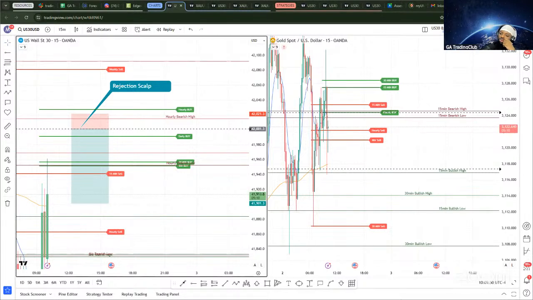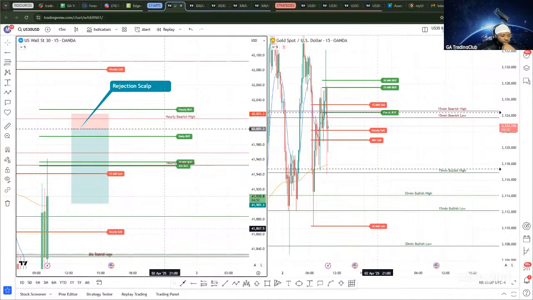For gold, I think I'll do a $15 stop loss. So if this gold sell validates, I'll do a $15 stop loss and not a $10 stop loss.